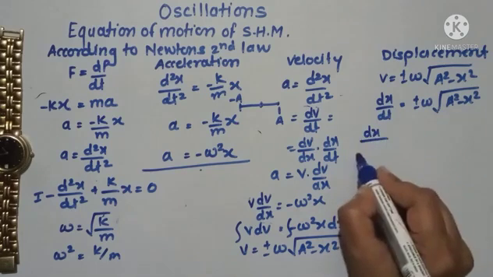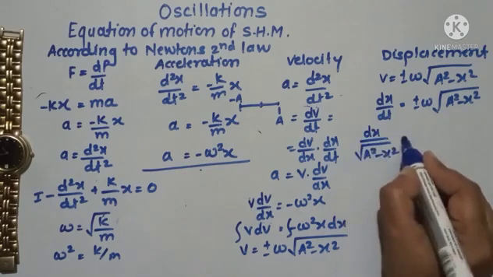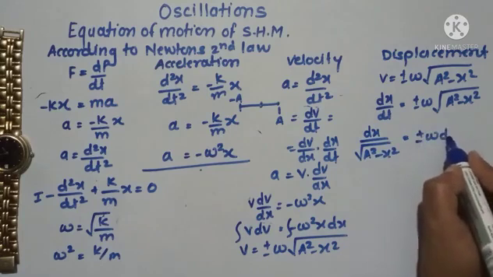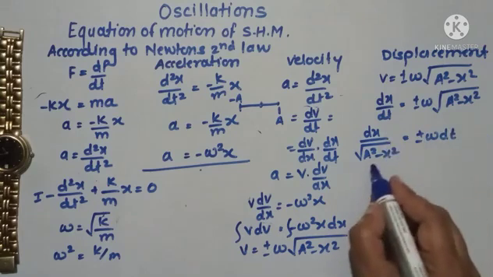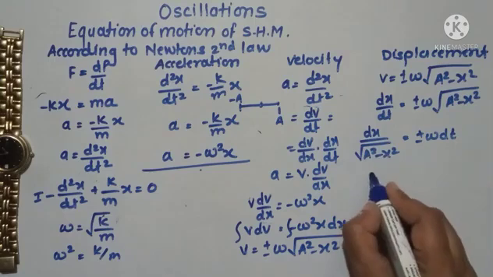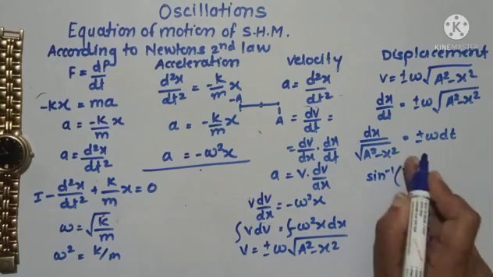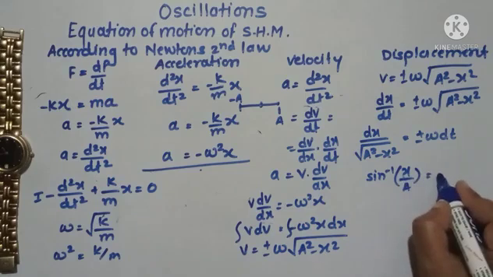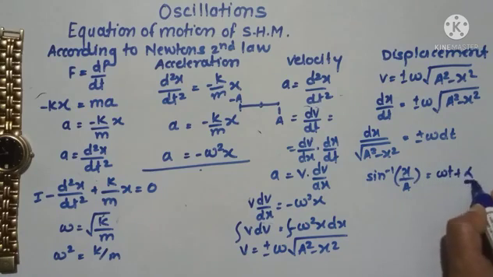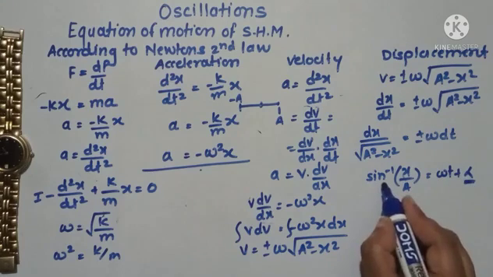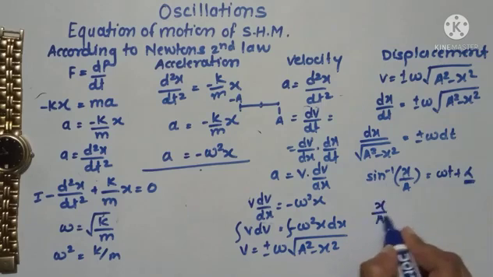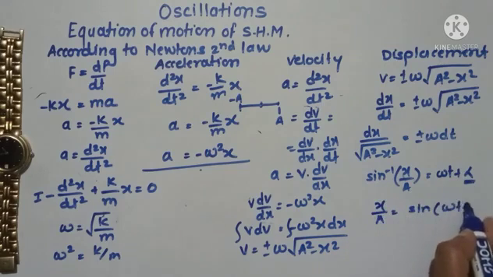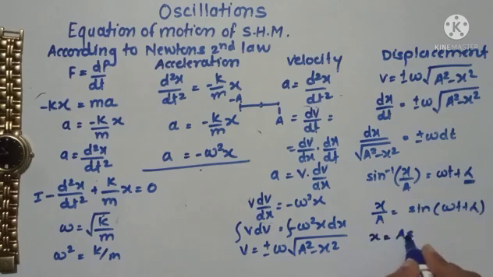I can write dx upon square root of a square minus x square is equal to plus minus omega into dt, and if I take integration on both sides, I will get sine inverse of x upon a equal to omega t plus alpha, where alpha is an integration constant. So I can write x upon a is equal to sine of omega t plus alpha, and x is equal to a into sine of omega t plus alpha. This equation will give us the expression for the displacement in a simple harmonic motion.